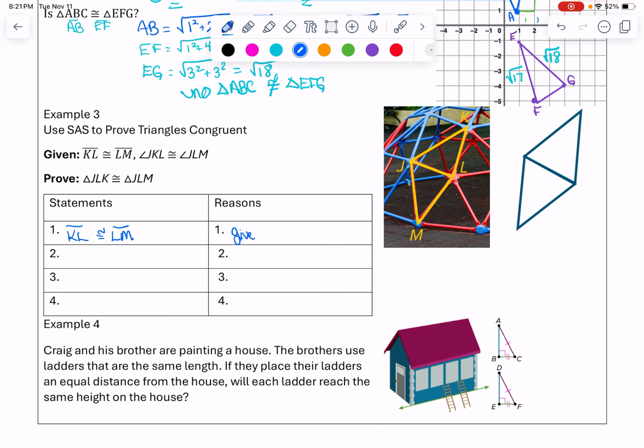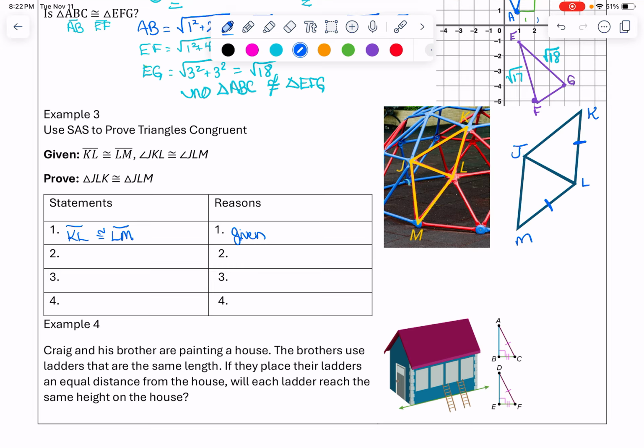So because we're given this information, we can mark segment KL congruent to segment LM. A single mark to show each of those are congruent.